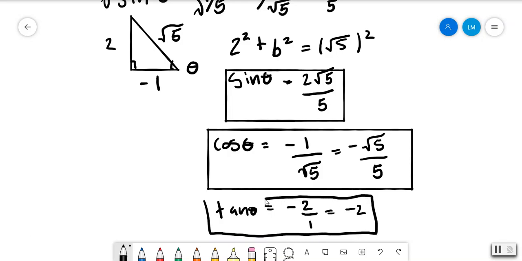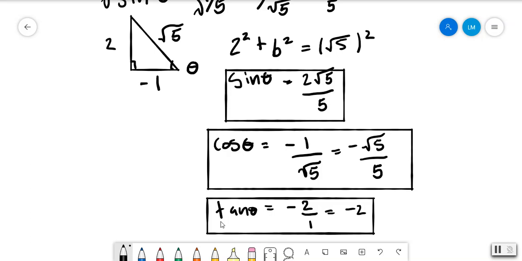Now keep in mind that you can actually use your calculator to solve for some of these, but sometimes it gets more complicated by using the calculator. Okay, the other things that we can do, for instance, is to use double angle identities to help us.